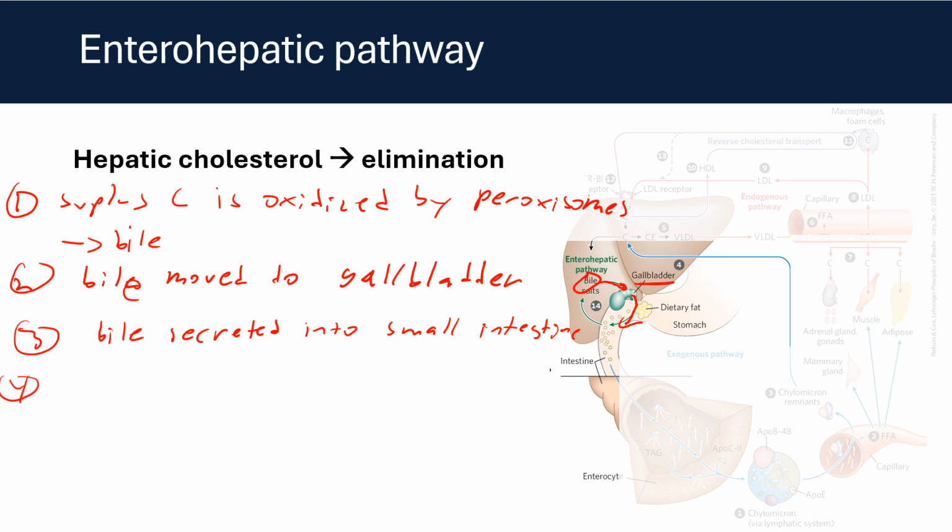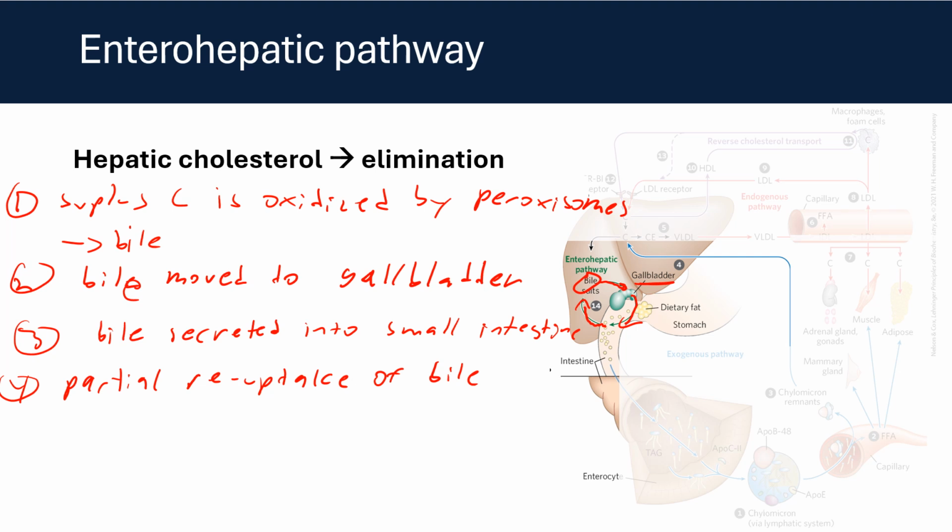Step 4, while we emulsify those fat globules and take them up through the small intestine, we are going to have partial reuptake of bile, which again is oxidized cholesterol, and then we can certainly reuse that bile and move it back into the gallbladder.